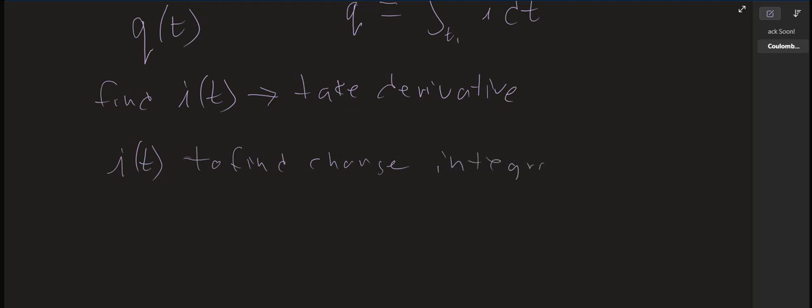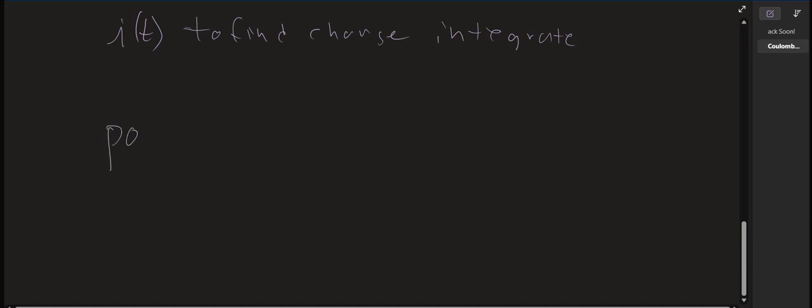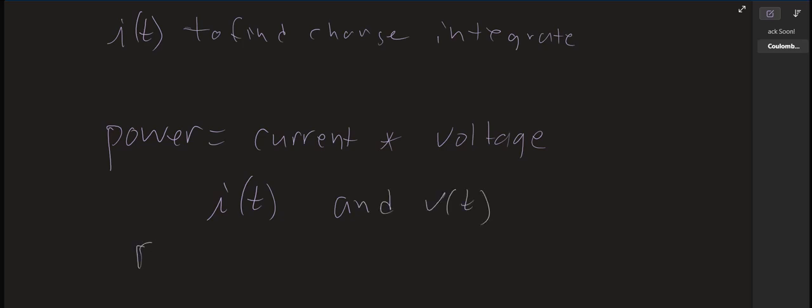But there is something else you might do, and that's because power equals current times voltage. So it's also possible that if you had I of T and V of T, you might have to multiply them to get the power as a function of time, because I've seen that too.